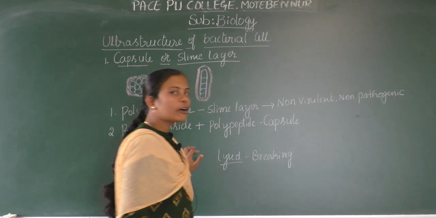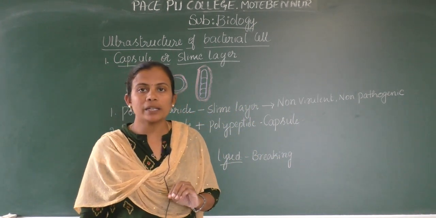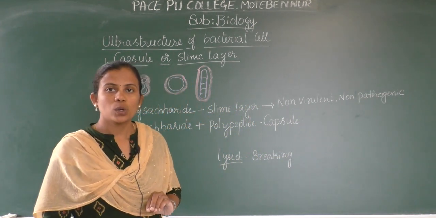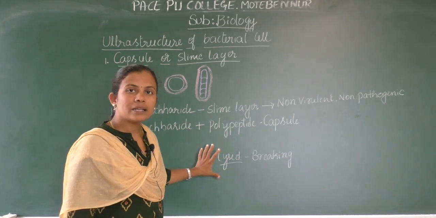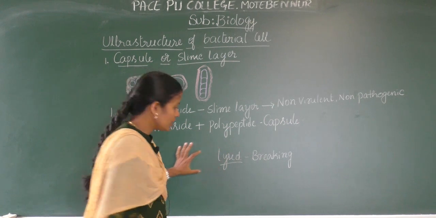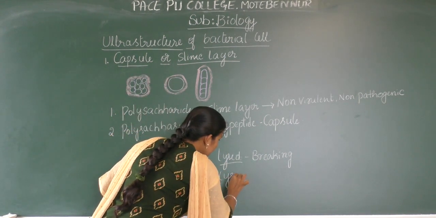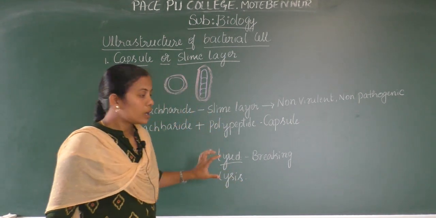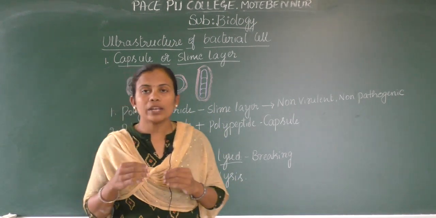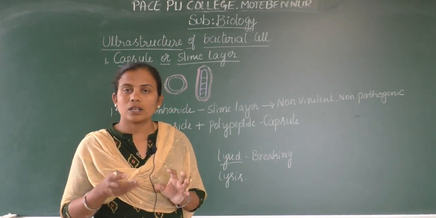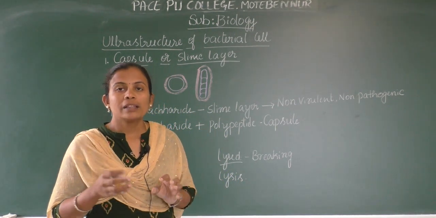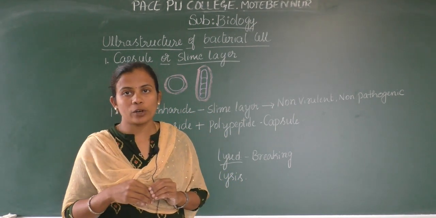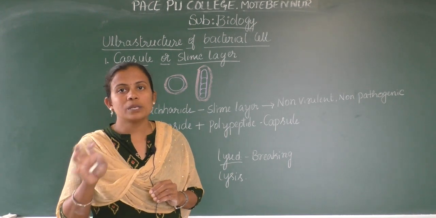By the activity of immune cells or the activity of antibiotics, the bacterial cells are directly destroyed by the lysis process. If we have any bacterial disease, either from food poisoning or from taking contaminated water, the bacterial cell will enter our body and show some symptoms.